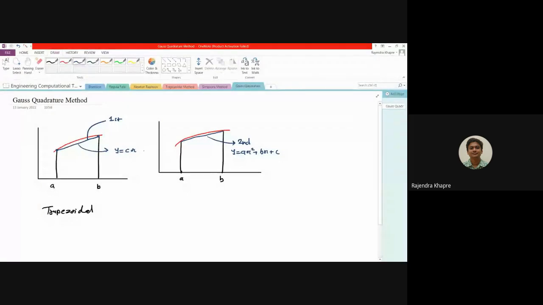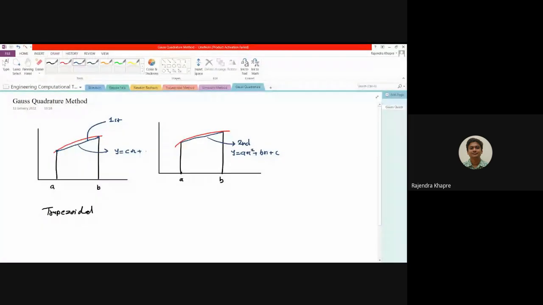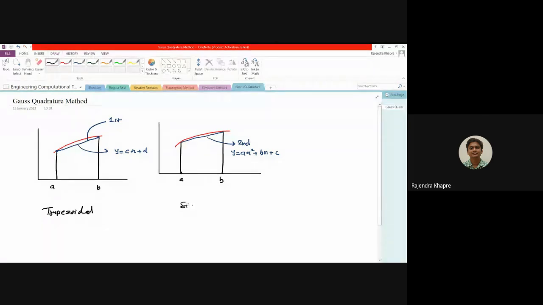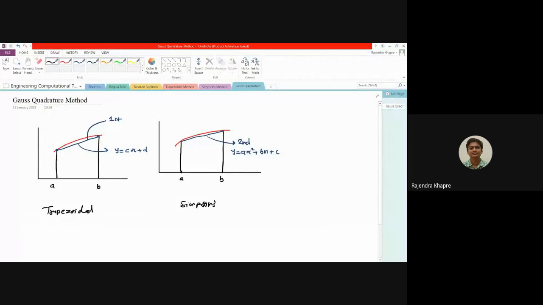Here you may get some constant as well. So this is a second degree curve. This is the case with Simpson's method. So this is the first degree curve and this is the second degree curve.